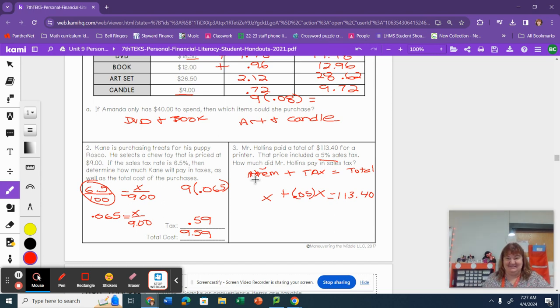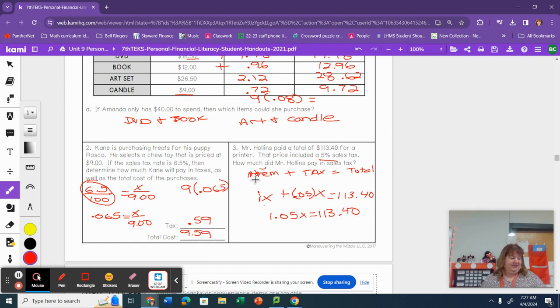We're just going to do the 2-step. So if we add this plus this, because these are like terms, this has a pretend 1 in front of it, right? So we get 1.05, okay, x equals 113.